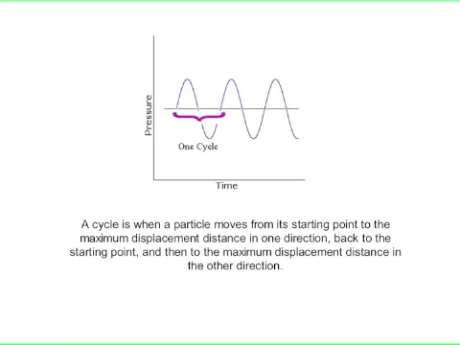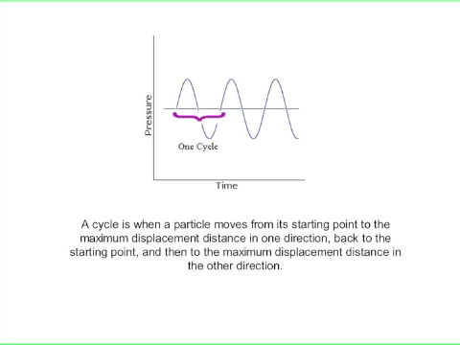A cycle is when a particle moves from its starting point to the maximum displacement distance in one direction, that would be the very top of that first wave, back to the starting point, which is the horizontal line, and then to the maximum displacement distance in the other direction, which now is the bottom of that wave.